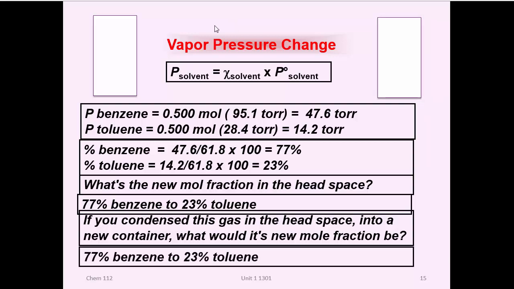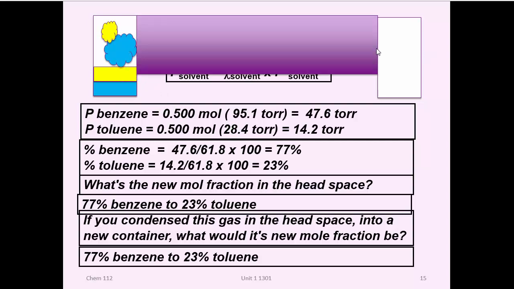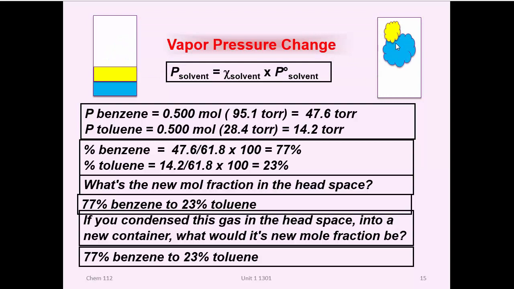All right, so let me show you how this works. I'm going to set up a little diagram over here. Here's how it started. It was 50-50, right? And then those both vaporize. But the higher vapor pressure one, the benzene, more of it went into the headspace. So now if I could get another condensing chamber over here, and I could pipe that stuff over here, and then seal this thing off, and now let's recondense this.